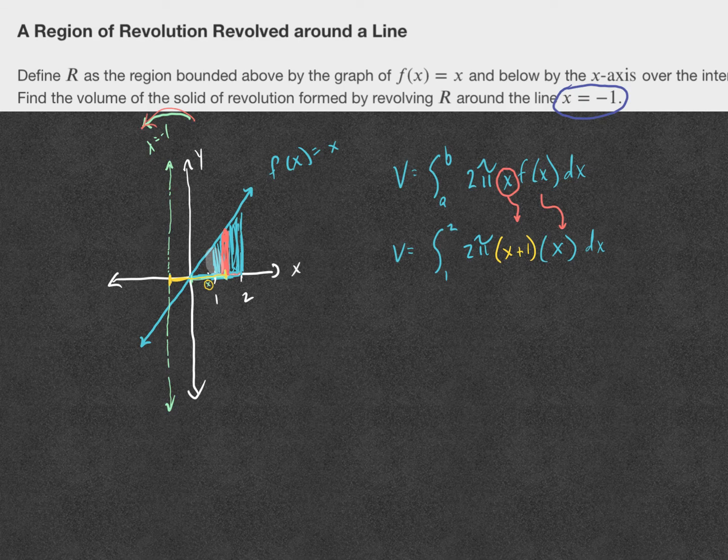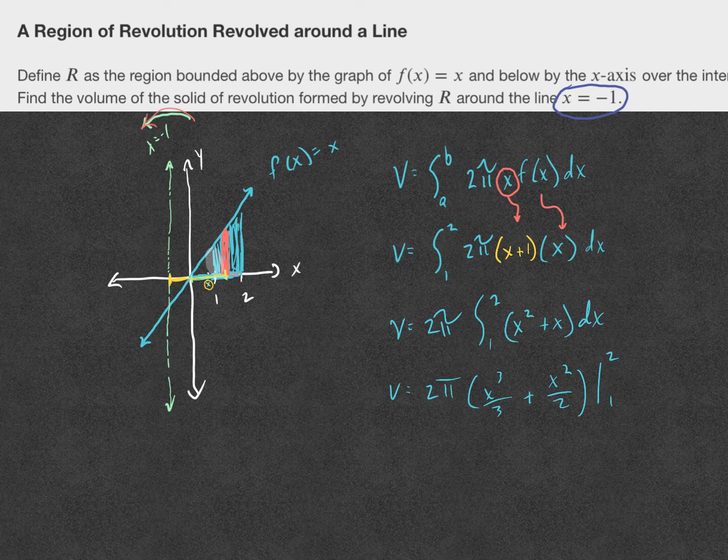All right, good. So now we can evaluate our integral, and we pull out the 2 pi again. 1 to 2, simplify inside, x squared plus x dx. Now we can take the antiderivative. We get x cubed over 3 plus x squared over 2.